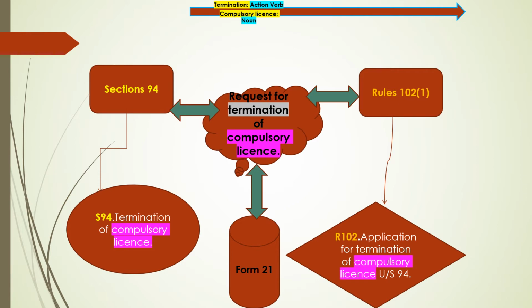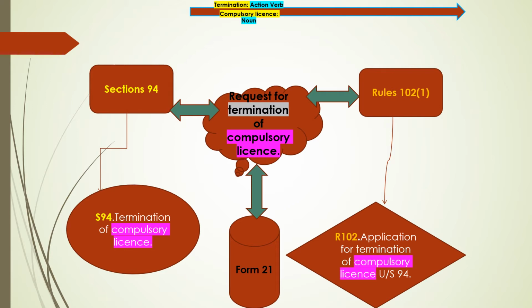So friends, we can see here a word is uttered repeatedly. That means form number 21 deals with, we can say, the primary word compulsory license, which you can find in the title of form number 21, in the title for section 94, and in the title for rule number 102.